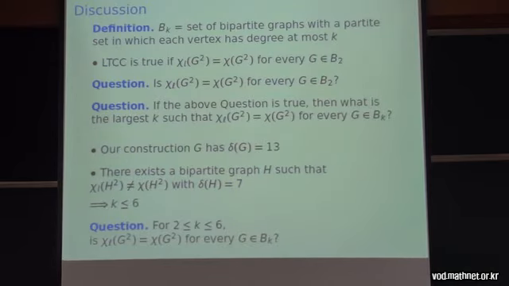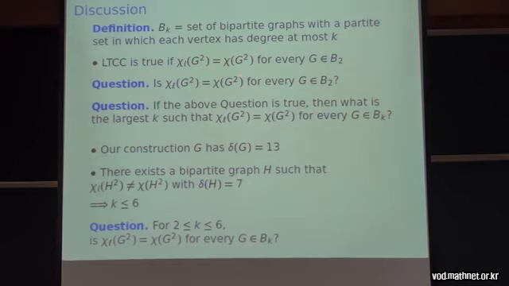And then we want to make another discussion. This is for a new problem. Let's define B_k as the bipartite graphs in which one set has maximum degree at most k. Actually, the list total coloring conjecture is true if this is true for every graph in B_2.